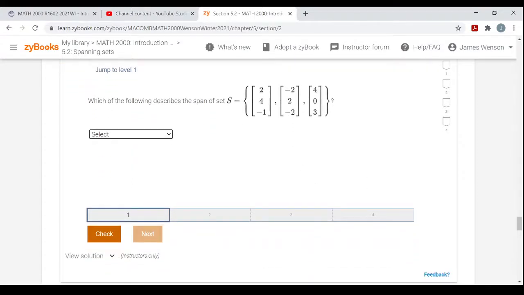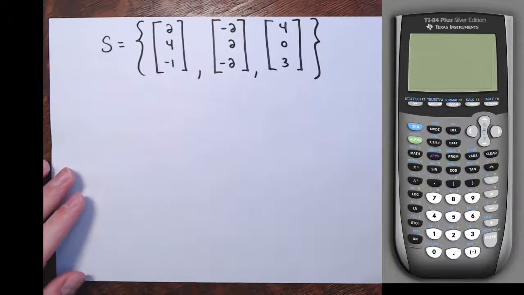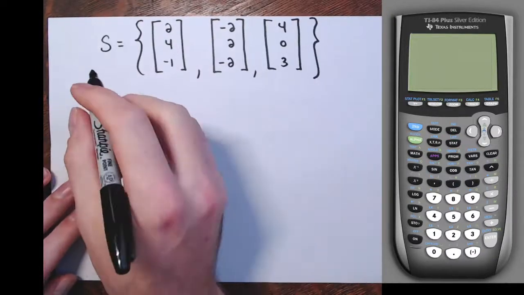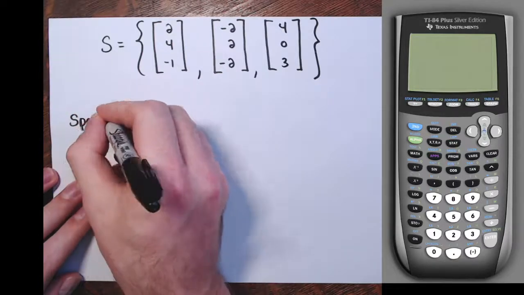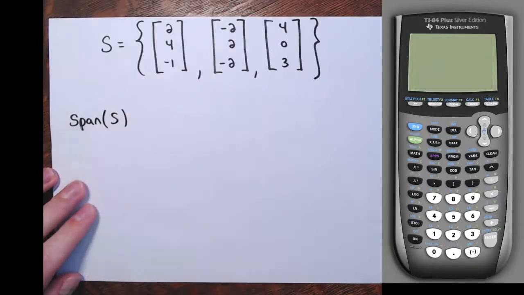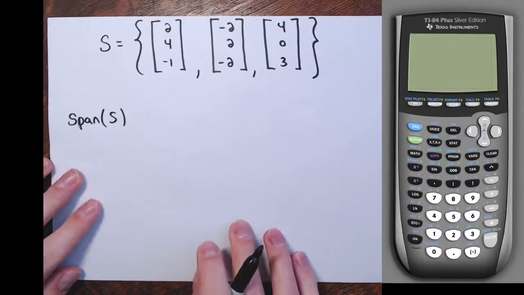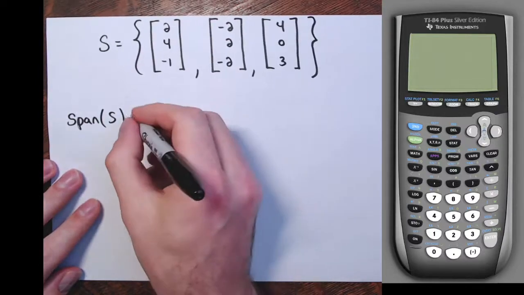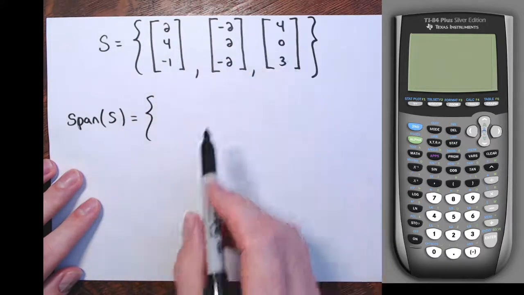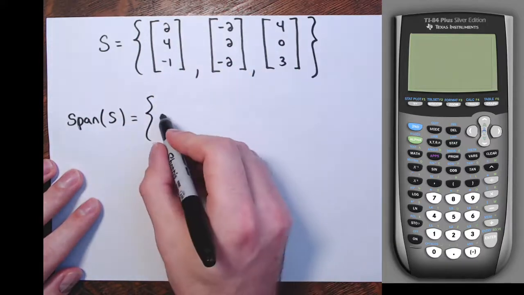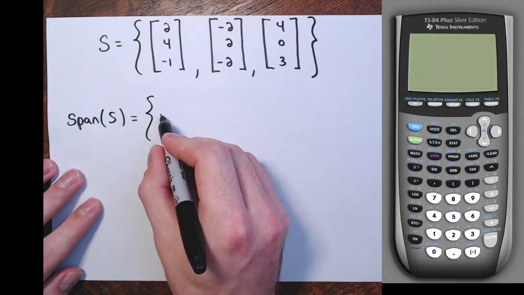Now let me show you how to easily determine what the span of this set will look like. So I'm going to go to a piece of paper here. Okay, so we're asked, what does the span of this set S look like, or describe it. Remember, the span of this set is all linear combinations of the vectors in this set. So it's going to be all the values that look like this.